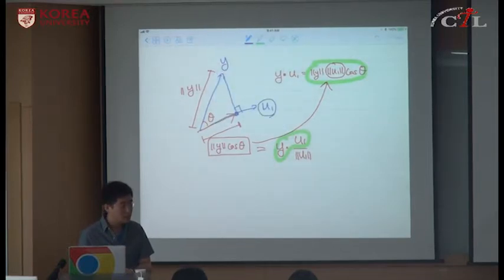We first make our vector u1 a unit vector, having the length of 1.